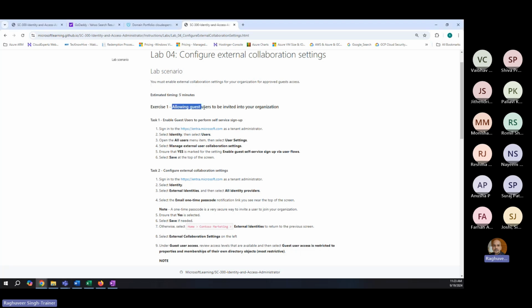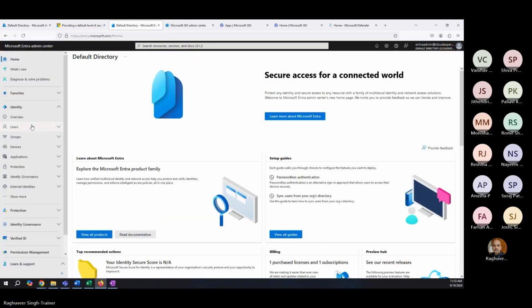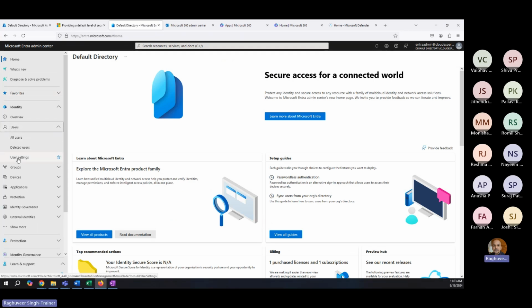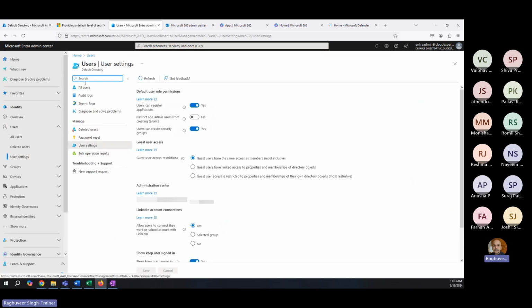It says allowing guest users to be invited to your organization, right? So this is where you basically allow guest users to be invited to your organization. Where exactly do you find this setting? You can navigate to Entra Admin Center. Under Entra Admin Center, you see this user setting. Over here, you will see all the configurations.